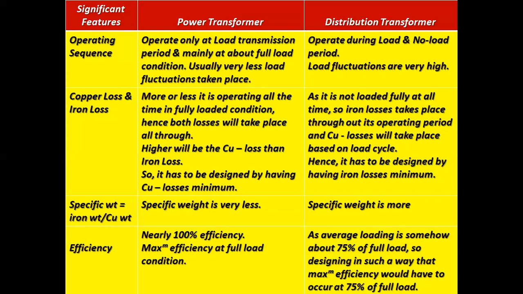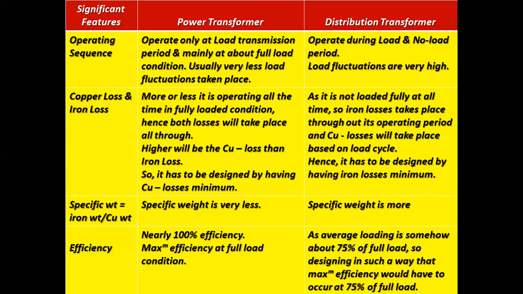Specific weight equals iron weight by copper weight. Specific weight is very less in case of power transformer, and for distribution transformer, specific weight is more.